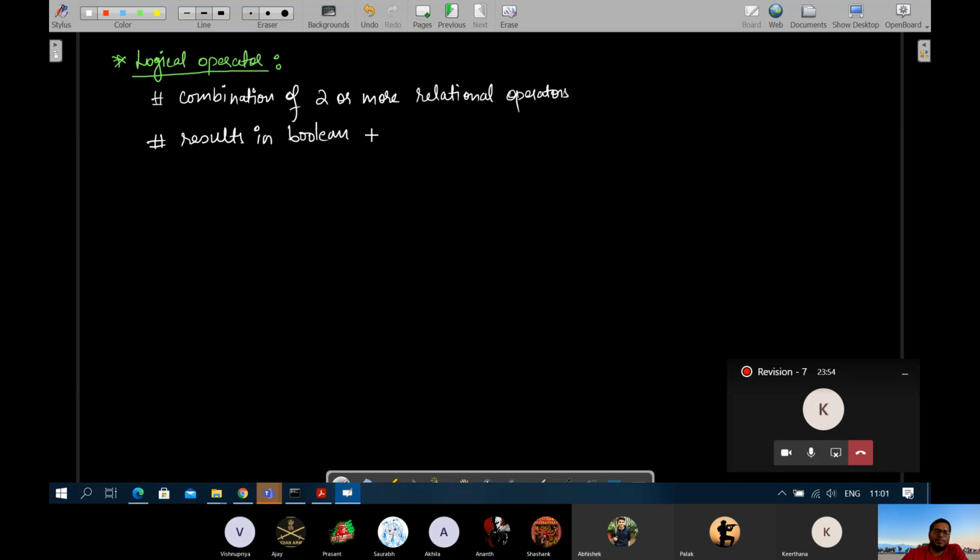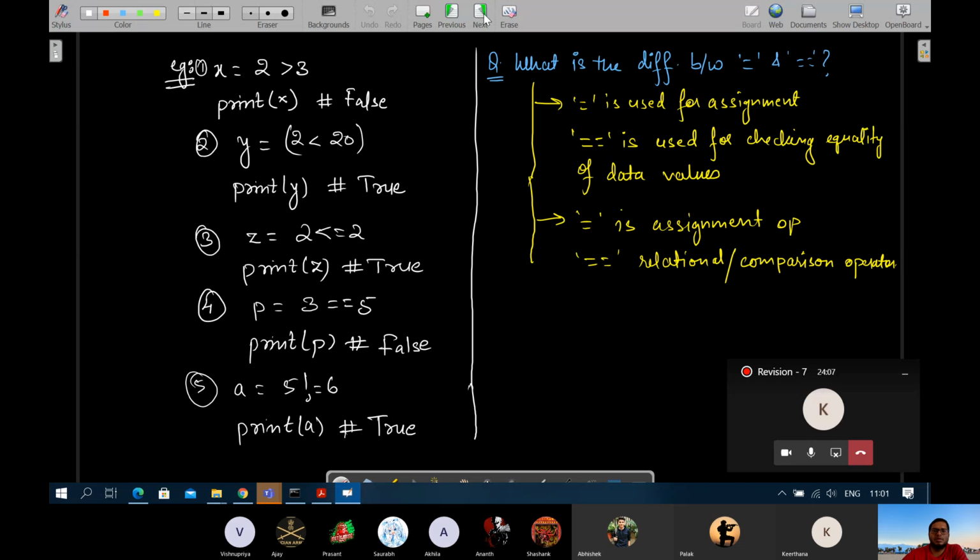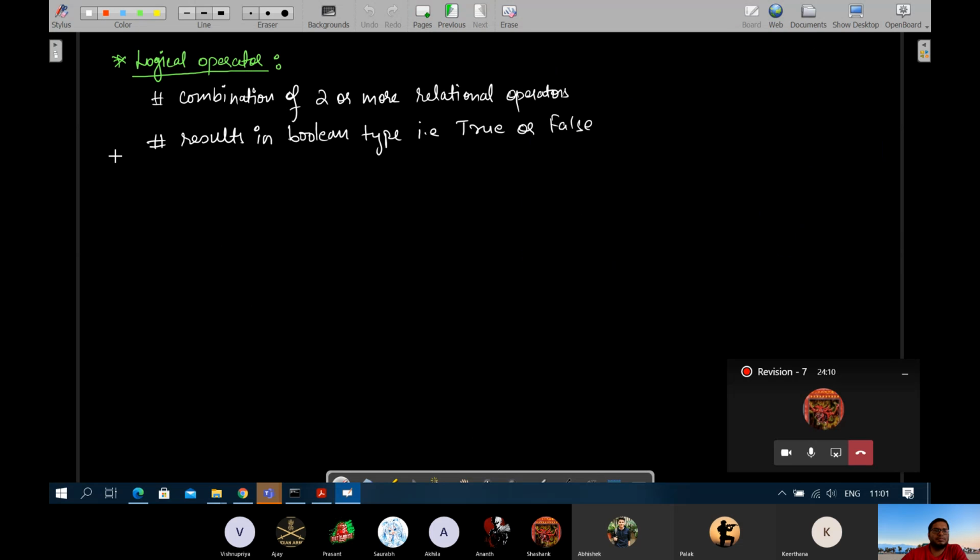This also results in Boolean type, that is either true or false with capital F. इसके एग्जाम्पल हो जाएंगे. A is equals to 2 greater than 3 and 5 less than 7.